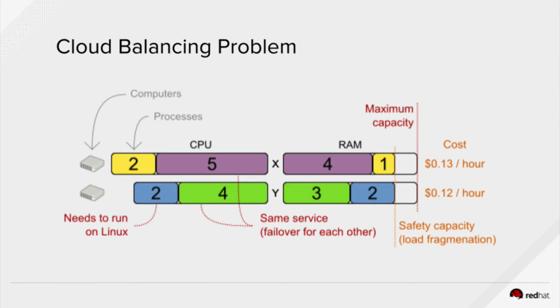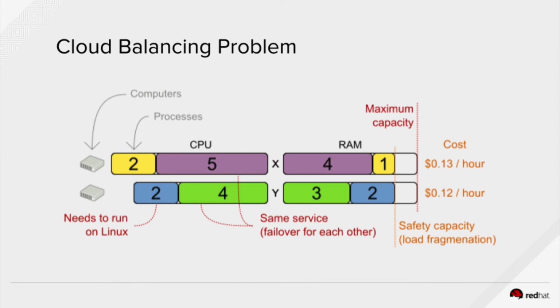For example, a computer has a certain amount of CPU power and a certain amount of memory. Second, the processes require a certain amount of CPU power and memory. Finally, the computers have a certain cost. So it might be that a certain computer costs $13 per hour, another one costs $12 per hour.